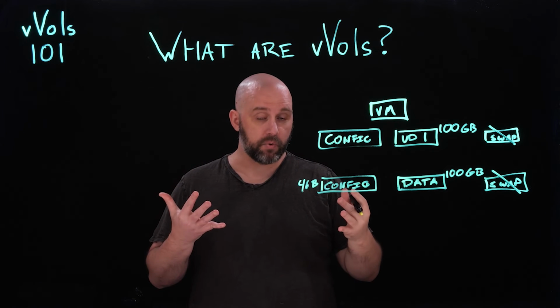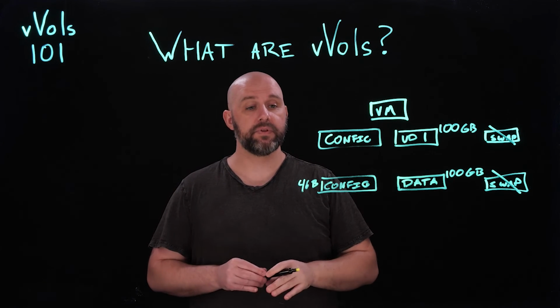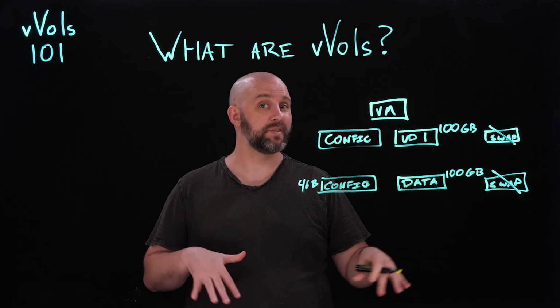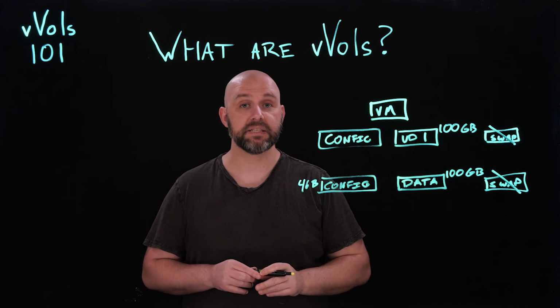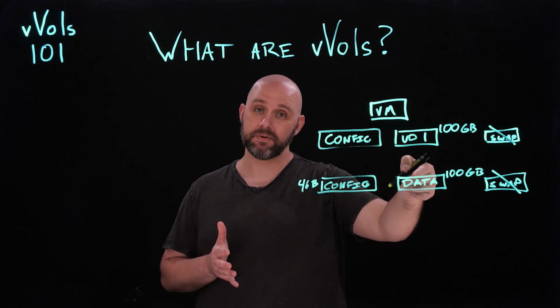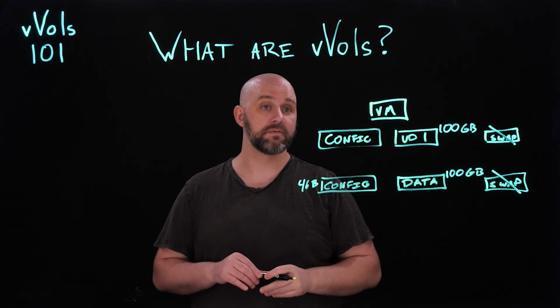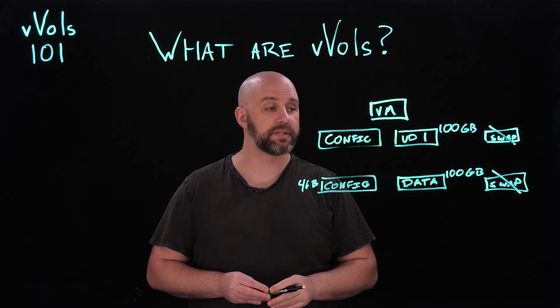Now, the cool part here with how these are individual objects on the array, just like we mentioned before, is that when services are applied to each one of these individual objects themselves, they filter up directly to the virtual disks or to the VM's configuration itself.